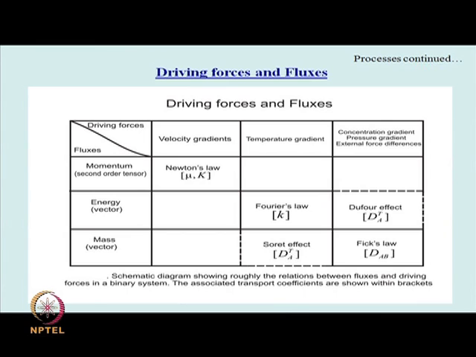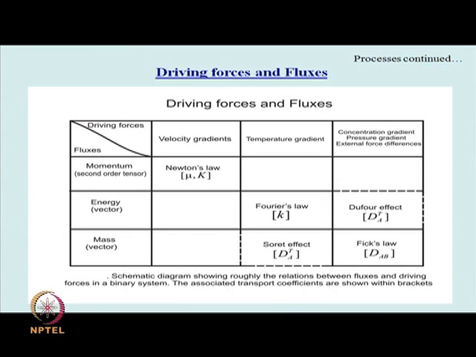We know that if there is a temperature gradient existing in the system, energy transport is going to take place, which is a vector quantity. So, Fourier's law provides the relationship between the driving force, temperature gradient, and the energy. On the other hand, when we talk about mass, the reason for mass transfer is a concentration gradient, or some sort of gradient which is created, and this is governed by Fick's law.